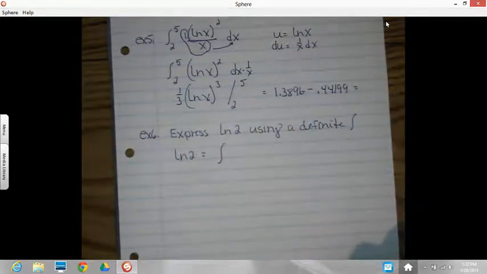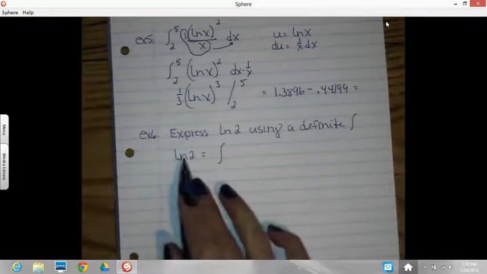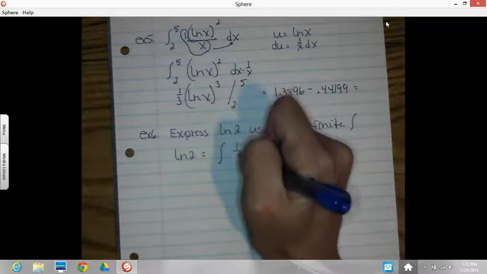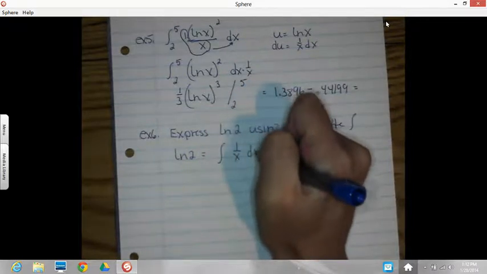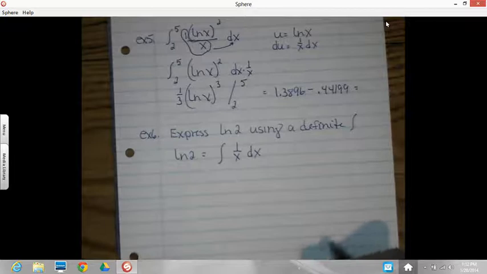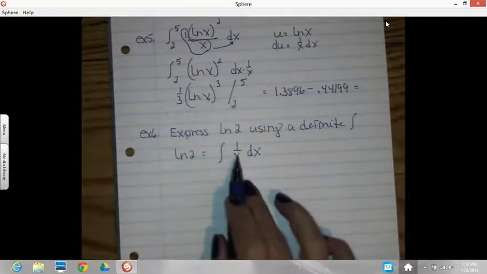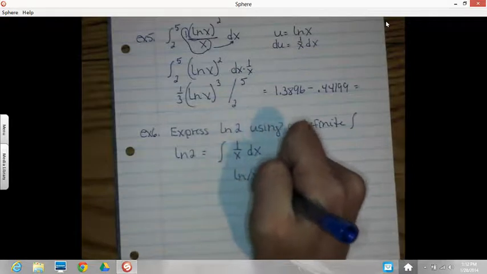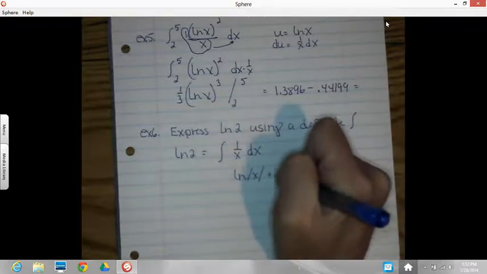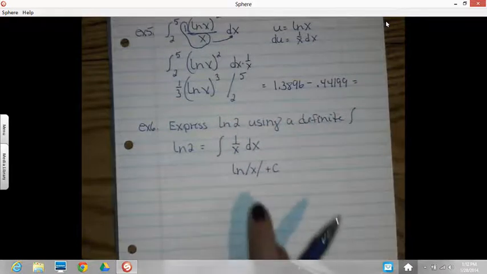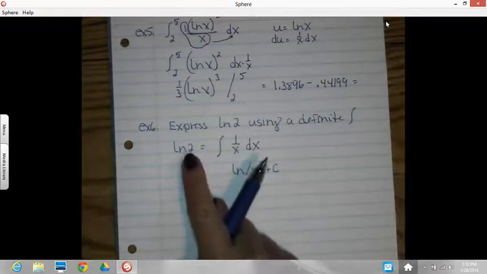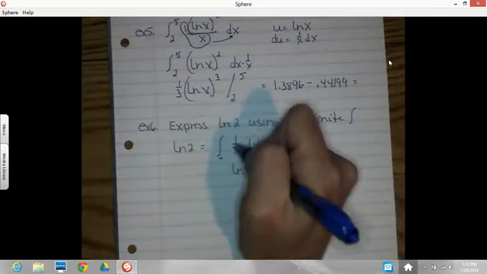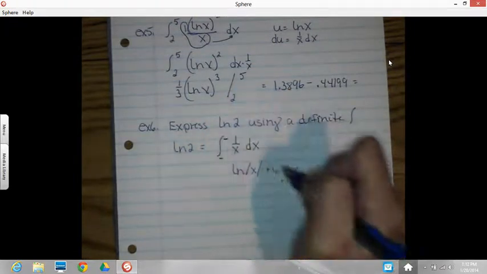Well, if I want natural log in my answer, I know I've got to have a 1 over x. Okay, so let's think about it. The integral of 1 over x dx is the natural log of the absolute value of x plus c. Okay, what I want is the answer to be natural log of 2. So I need to figure out what numbers to put here, because I need a definite integral, so that I end up with natural log of 2.